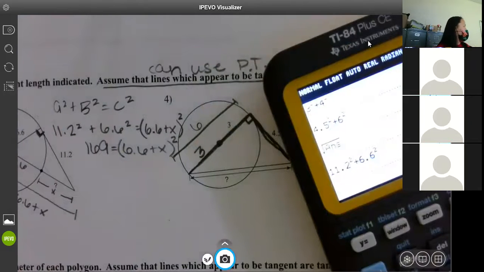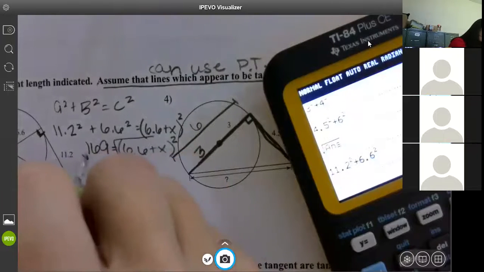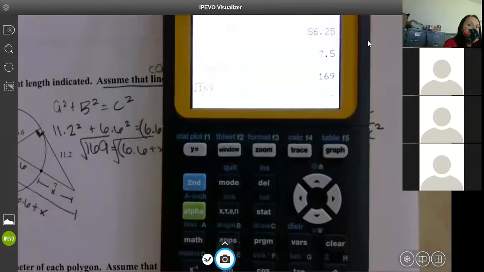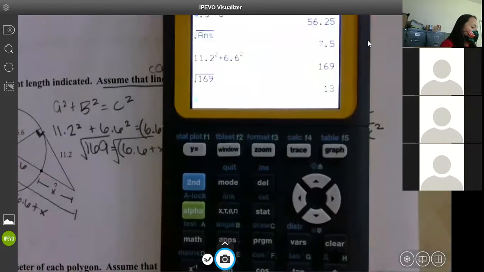You can take the square, but remember you have 2 equations, or you can multiply it out. I would not suggest that you multiply this out. Doing that twice, distributing, that's way too much work. So I would suggest that you take the square root of both sides, because the square root of 169 is perfect, 13.